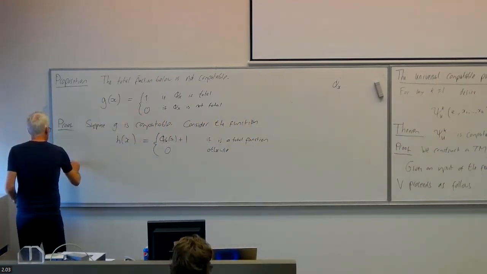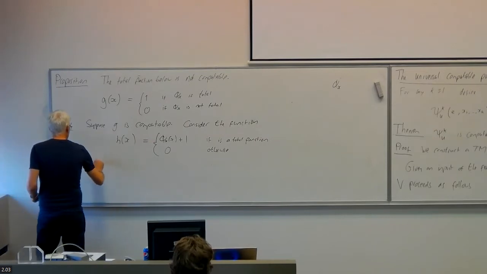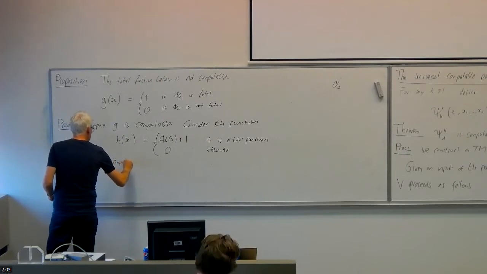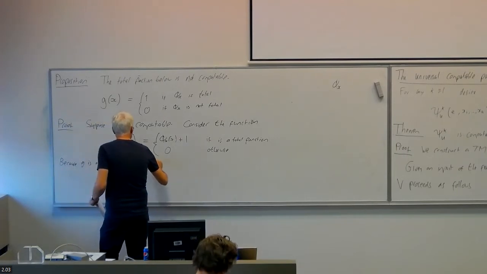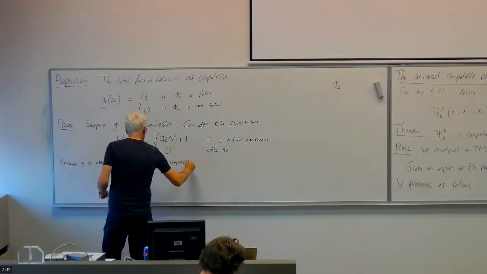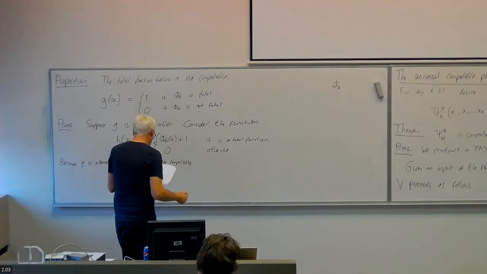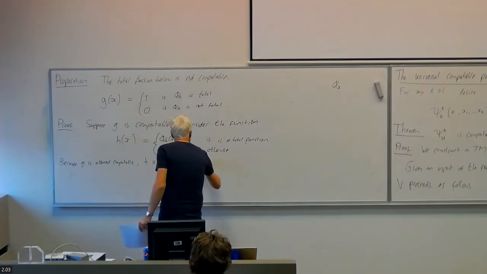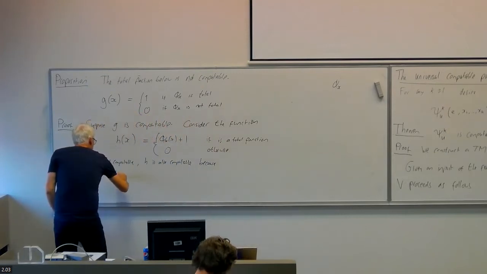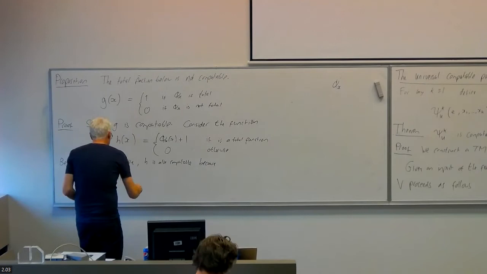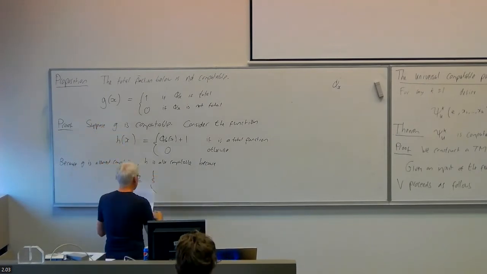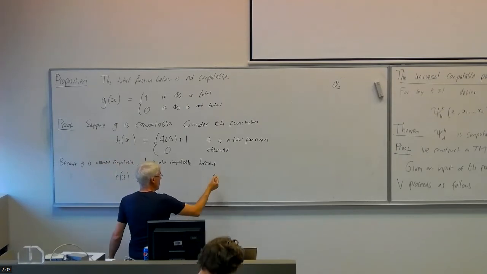Because G is assumed computable, H is also computable, because we can write H in a clearly computable way. We can say that H of x is what we get by firstly doing an if then else.